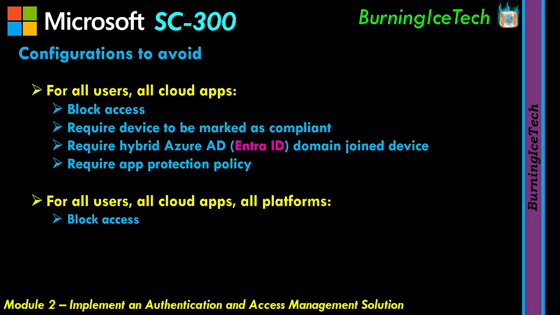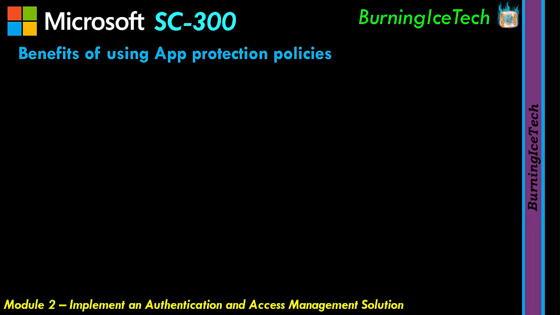Alright, so let's talk about benefits of using app protection policies. I'm a big fan of this because, as I've said many times earlier in this course, guys, many people are working from home these days. It's probably half of your company, if not more than half. These folks are not necessarily using laptops or desktops like they did back in the day at the office.